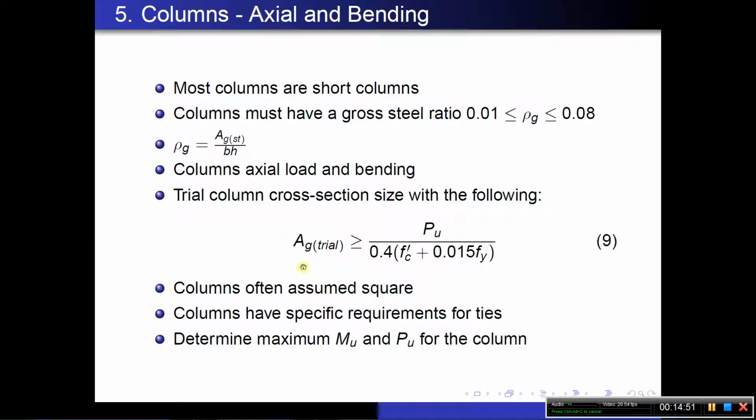This gives you the gross cross-section of the column. Notice that this is A sub g, it's not for the steel as it was up in this formula. This is the gross area of steel in the column. This is the gross area of concrete, and this is our trial size, and so it needs to be greater than or equal to this formula.